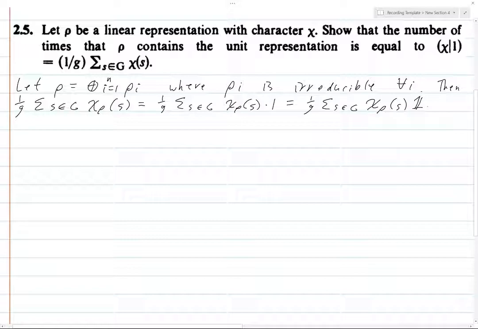So chi 1, I use boldface 1 to denote the unit representation, or trivial representation, whatever you want to call it.